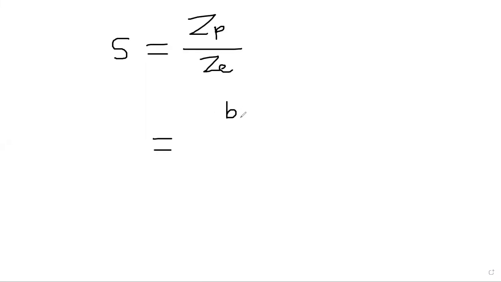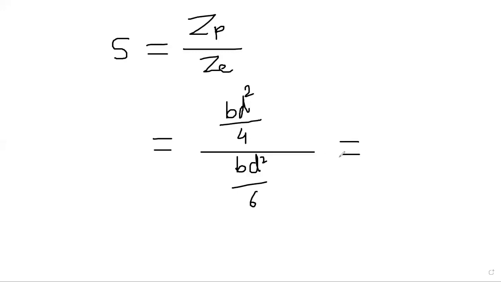Now, next line. Shape factor S is equal to ZP by ZE. So ZP is equal to how much? BD square by 4. And ZE is equal to BD square by 6. So BD square gets cancelled. You get 6 by 4.